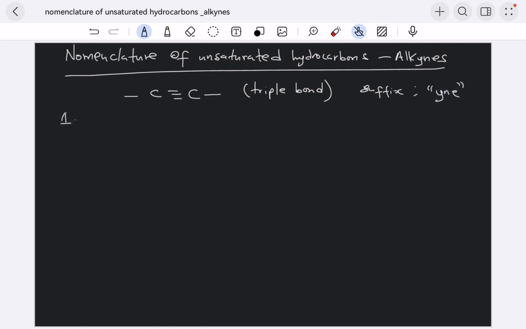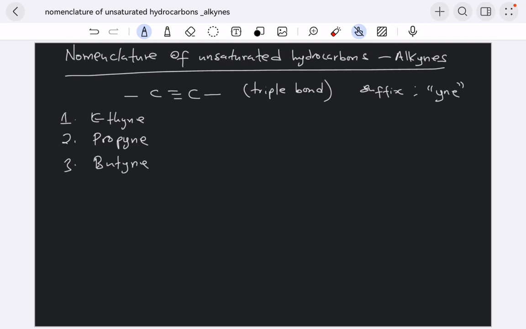So the first one being ethyne, followed by propyne, then butyne, and then the list goes on and on.